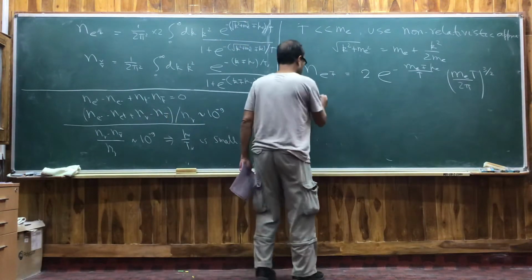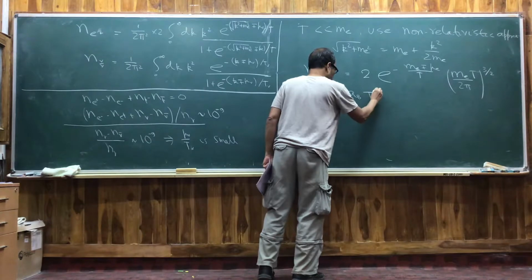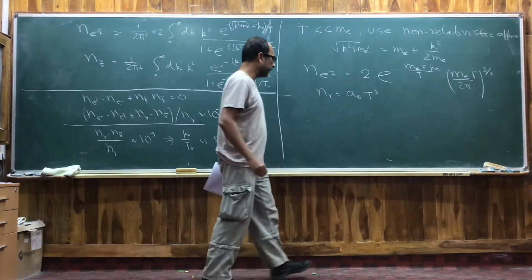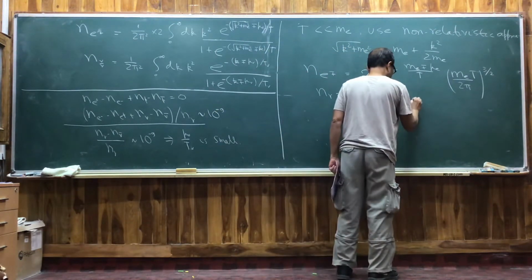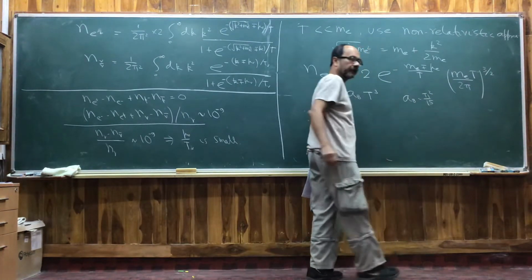n_gamma, on the other hand, is a_b times T cubed. And a_b, I think, was pi squared over 50, just some numerical constant. It's some constant of order 1.